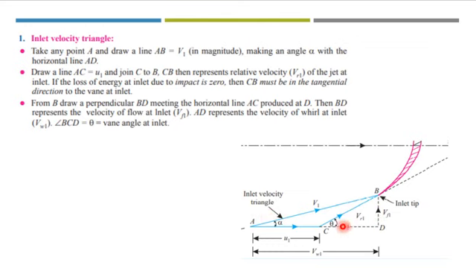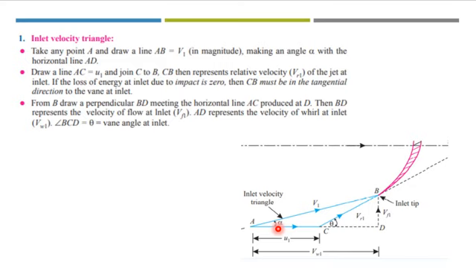How to draw these velocity triangles, we will discuss in this slide. So this is the inlet velocity triangle, this ABD. How can we draw this? You can take any point A, and draw a line AB, whose length should be equal to the magnitude of absolute velocity at inlet.